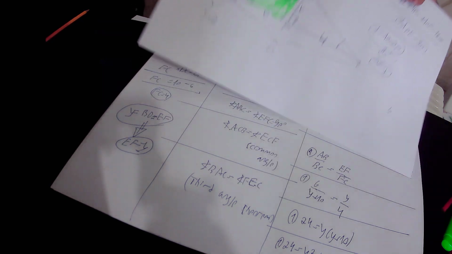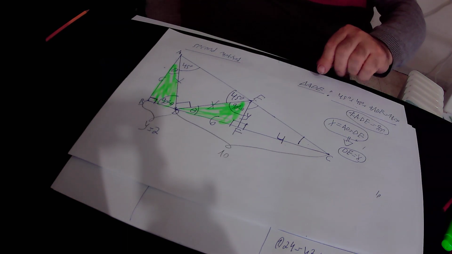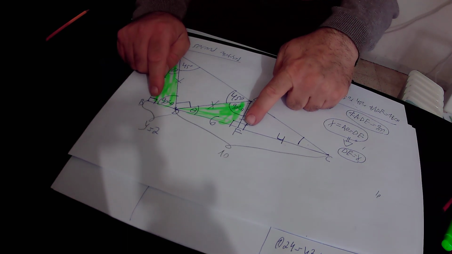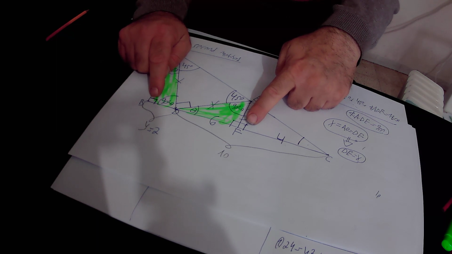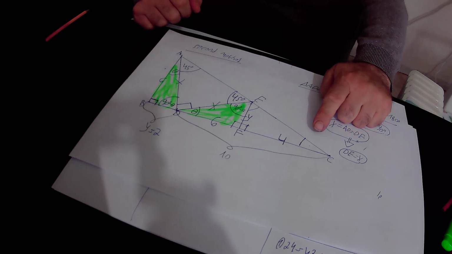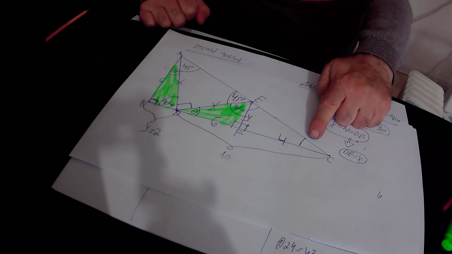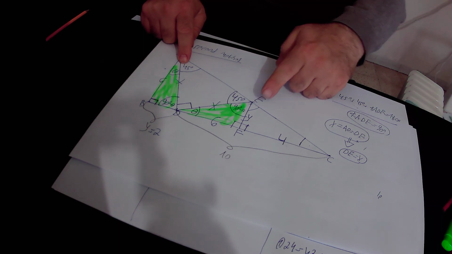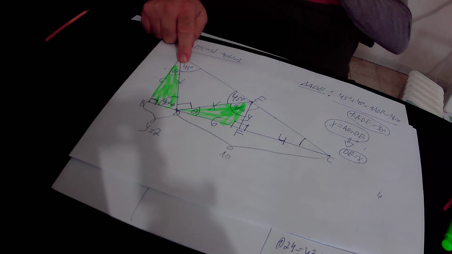Why are those two triangles similar to each other? First of all, both triangles have a right angle, and they have this angle that is a common angle, it belongs to both triangles. And the remaining two angles are also equal to each other according to the third angle theorem. What is the third angle theorem?